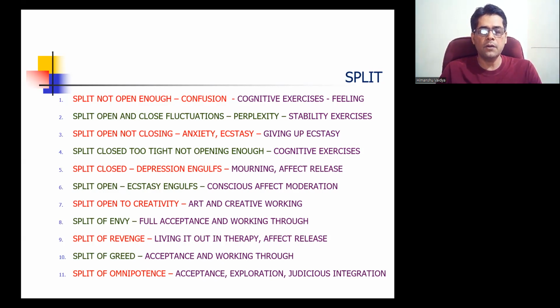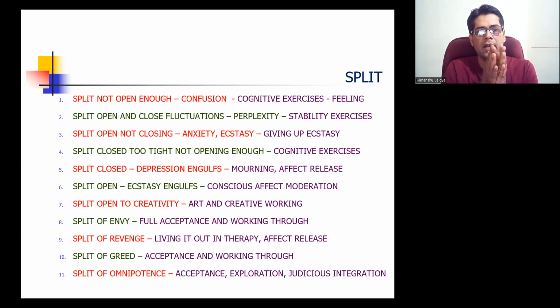And what does that lead to? There is half knowledge about split, that the split has to open in the childhood and again be bridged into a depressive position. And the usual understanding is the closing of the split is healthy and the opening of the split is unhealthy. This essentially is half knowledge.